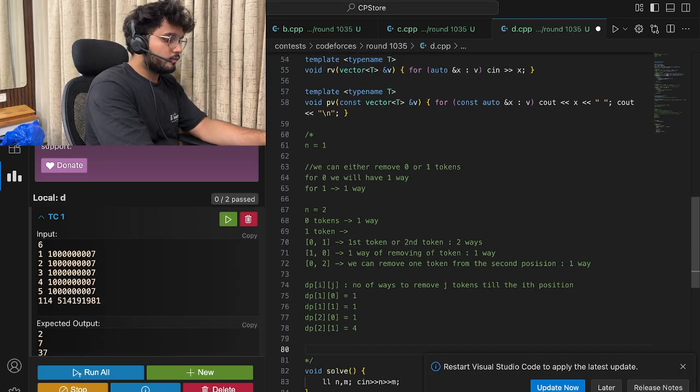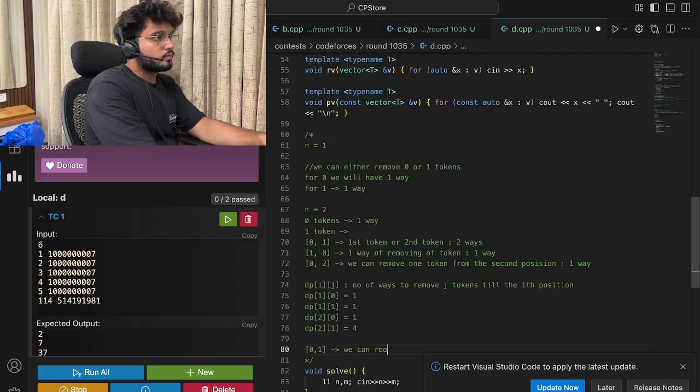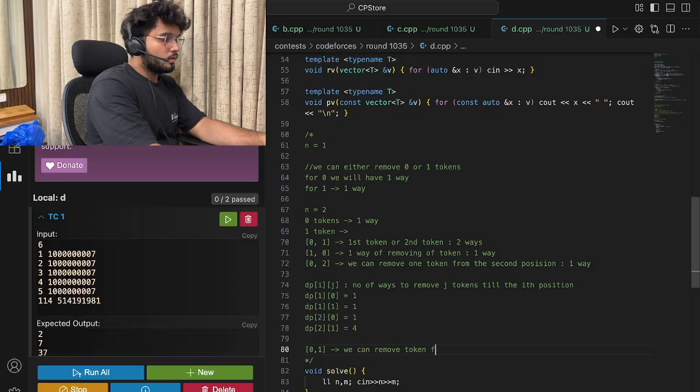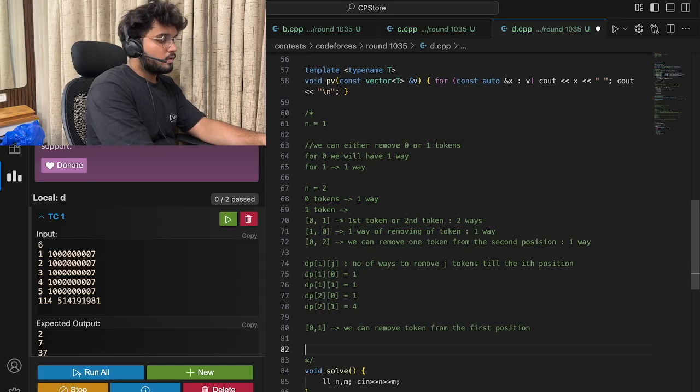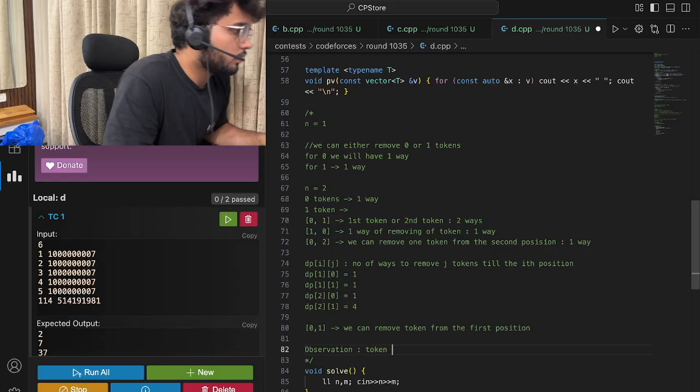When we have sequences like 0, 1, we can remove the token from the first position, right? Which means a great observation here is, not great actually, it is a very common and normal observation.